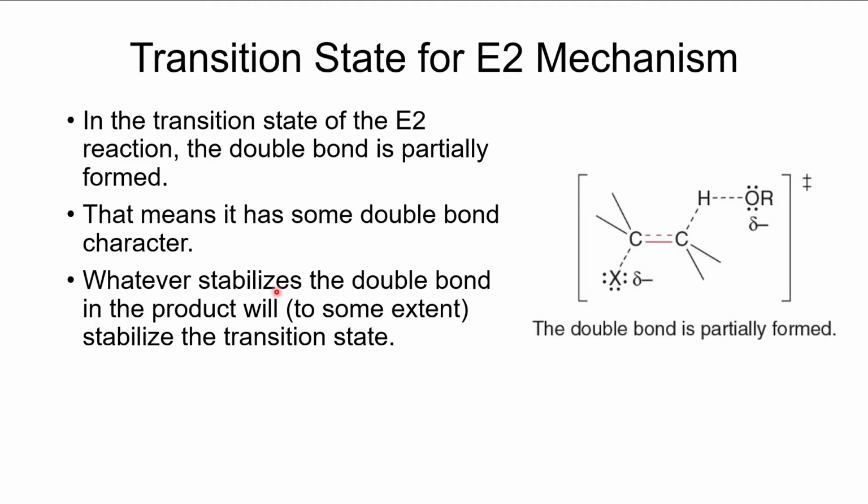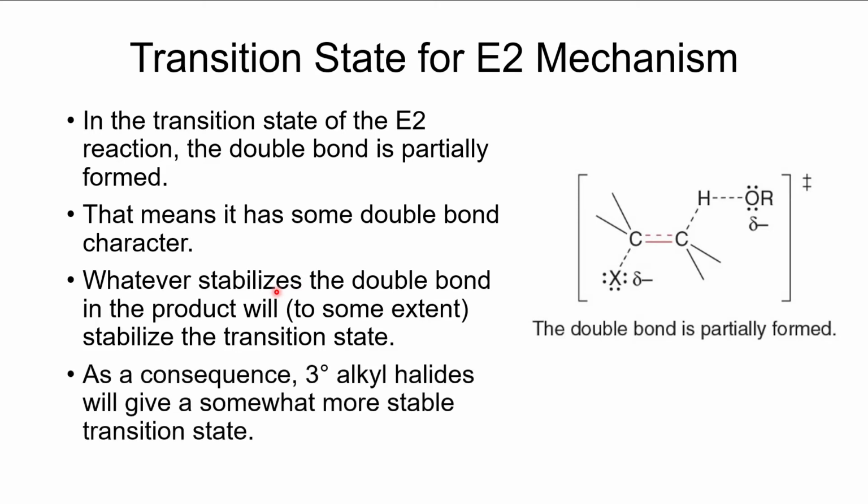Now, I will say that this effect is not as big as the effect that we saw with the SN1 reactions and carbocations. But it is a noticeable and measurable effect, and so it is something that we pay attention to. So as a consequence, a more substituted alkyl halide will give a somewhat more stable transition state.